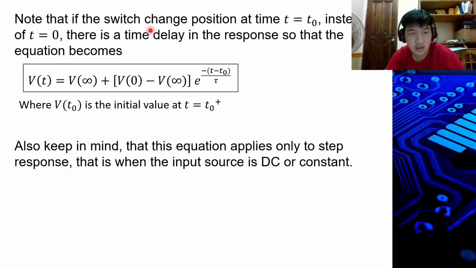Note that if the switch changes position at time t equal to t naught instead of t equal to 0, there is a time delay in the response, so the equation becomes V of t is equal to V infinity plus V of 0 minus V of infinity times e raised to negative t minus t naught over tau, where V of t naught is the initial value at t equal to t naught positive.